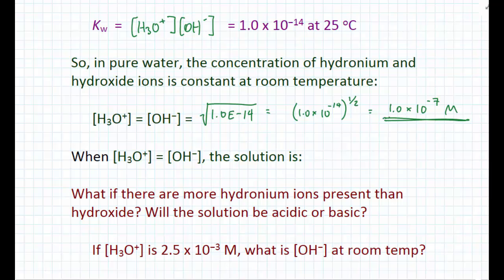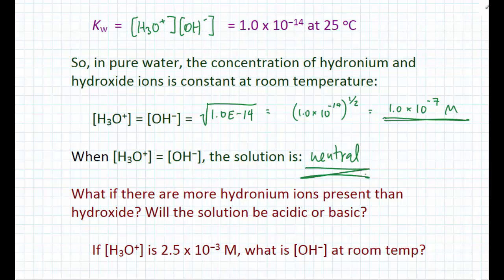And it has to be that because they get multiplied together to make 1 times 10 to the minus 14 total. So when hydronium is equal to hydroxide, when we don't have an excess of either one of those, what would we call that kind of solution? It's not acidic, it's not basic, it's neutral.